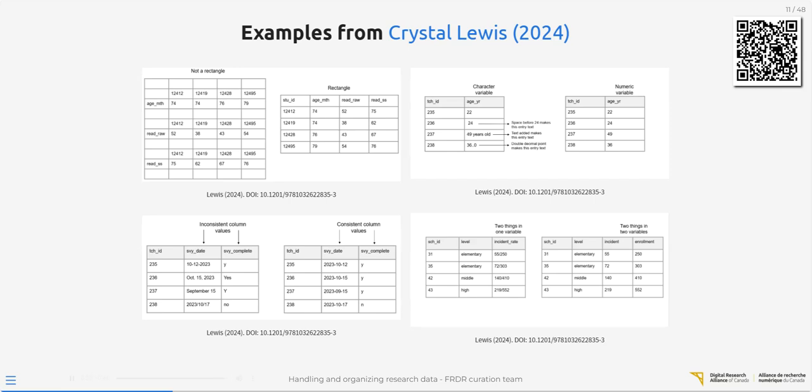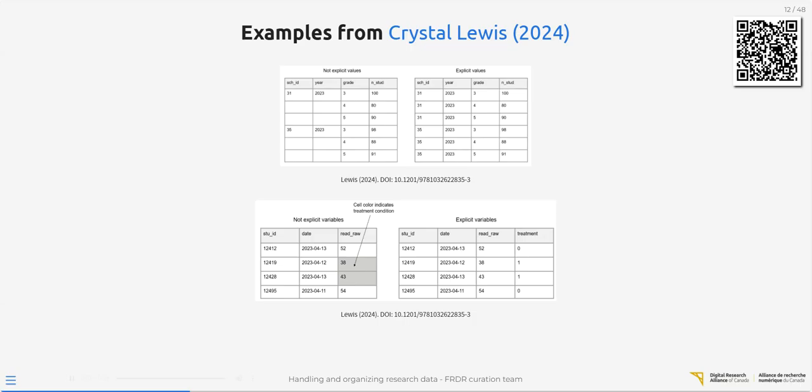On the right, you see the corrected versions, top left to bottom right. Rectangular tables, numeric data stored as numbers, standardized formats, and one clear variable per column. Following these best practices makes data easier to analyze and share, and much more reliable for future research.